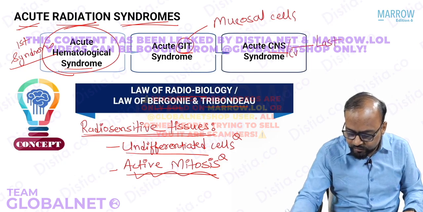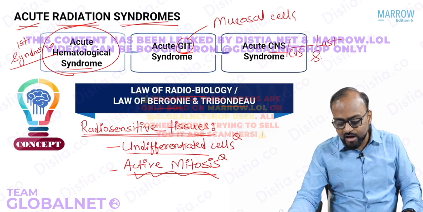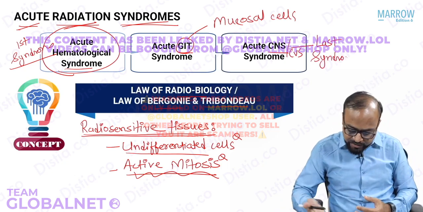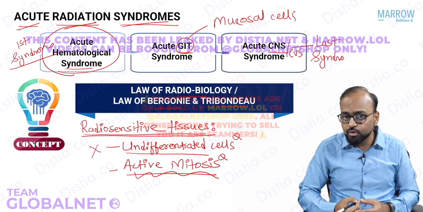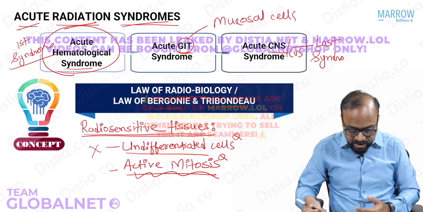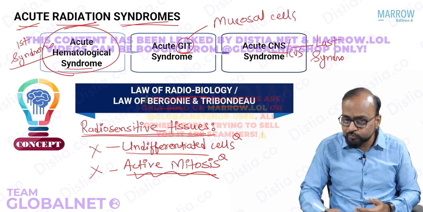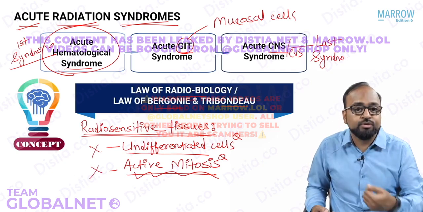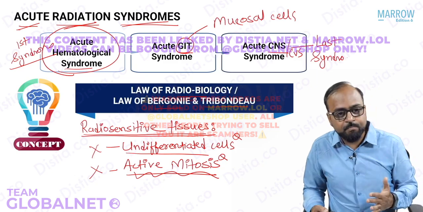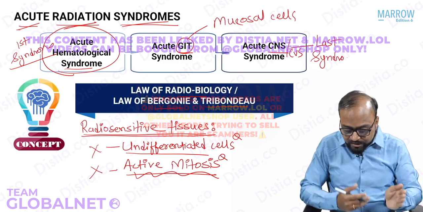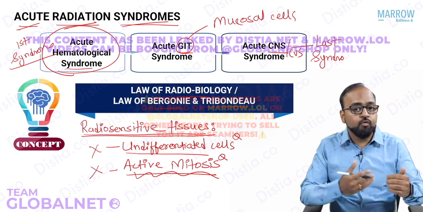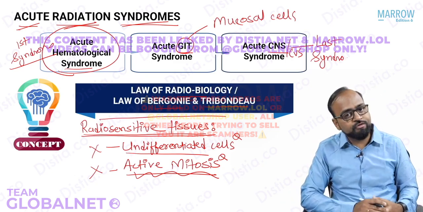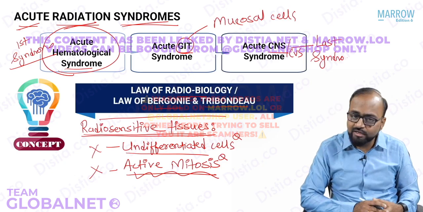CNS, or for that matter even CVS syndromes, is one of the last syndromes to be seen in the body. Why? Because do they have any undifferentiated cells? No. They are highly differentiated cells. And are they involved in active mitosis? No. There is minimal mitosis of glial cells going on in the CNS. So therefore they are very resistant. So do you realize this? Why each syndrome is seen, and in what sequence they are seen, is actually based on this concept of law of radiobiology or law of Bergonie and Tribondeau.